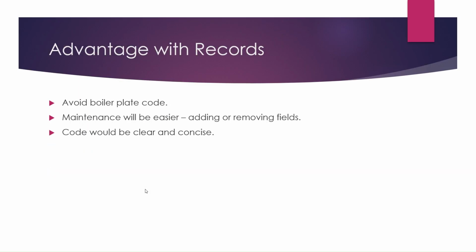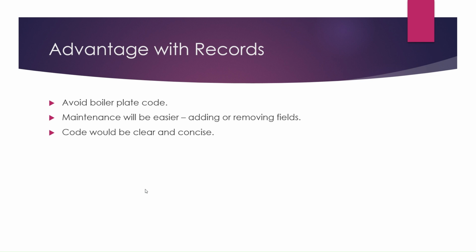Coming to advantages with records, we can avoid boilerplate code like equals, hashCode, toString. All these methods we can avoid, and maintenance will be easier. So if you want to add any new field in future, then we don't need to be concerned about the equals, hashCode and toString methods.